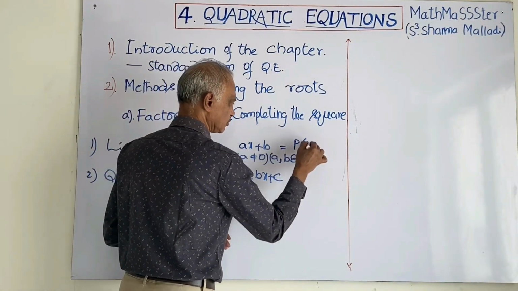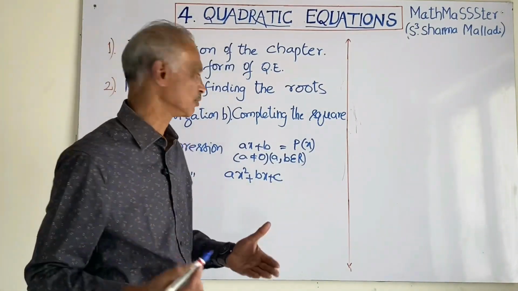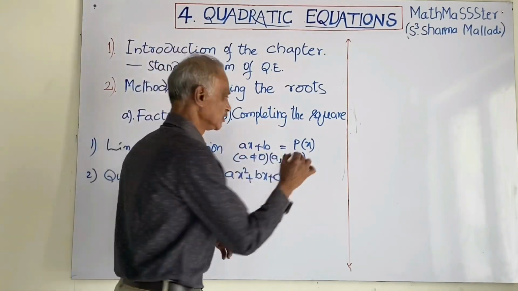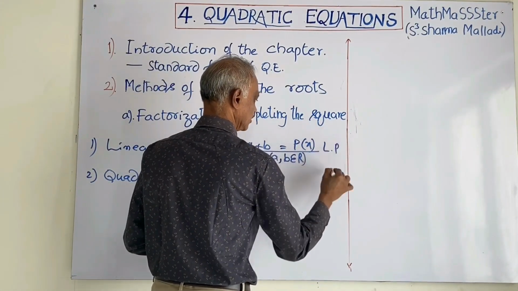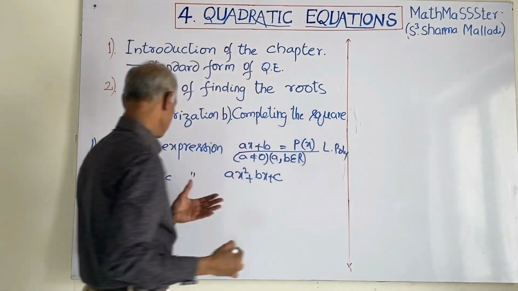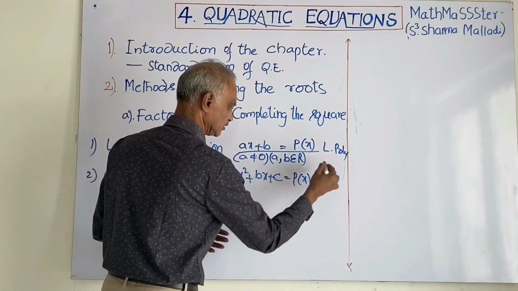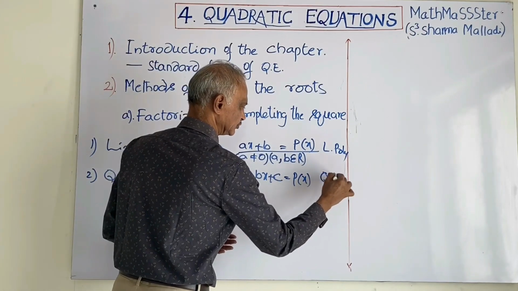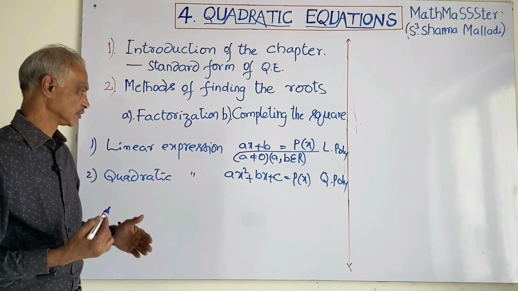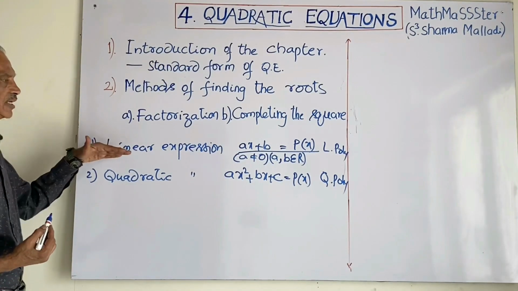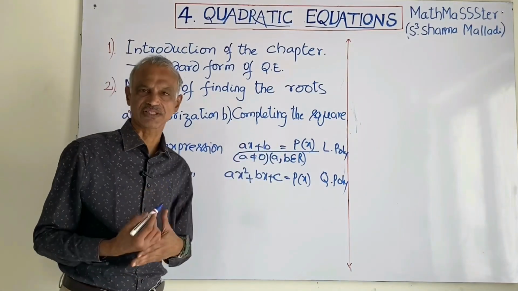If it is equal to p of x, you have already learnt about polynomials. This is a linear polynomial. This is a quadratic polynomial.